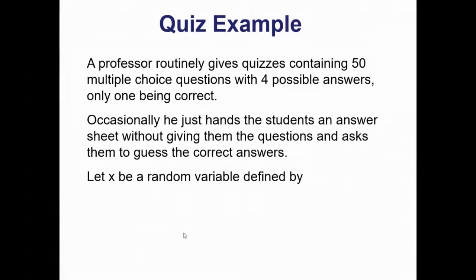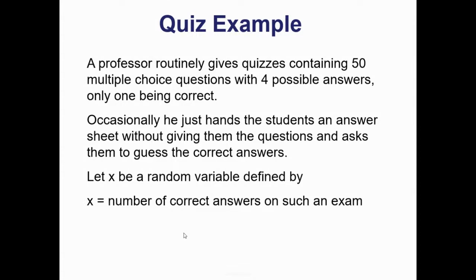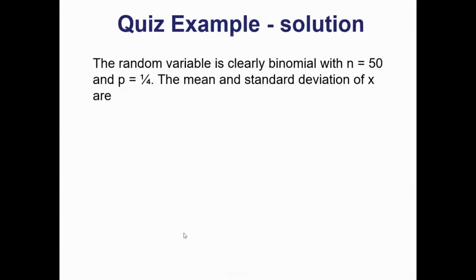So let X be our random variable, being the number of correct answers on the exam. Find the mean and deviation for X. So clearly here we have a binomial where n is equal to 50.